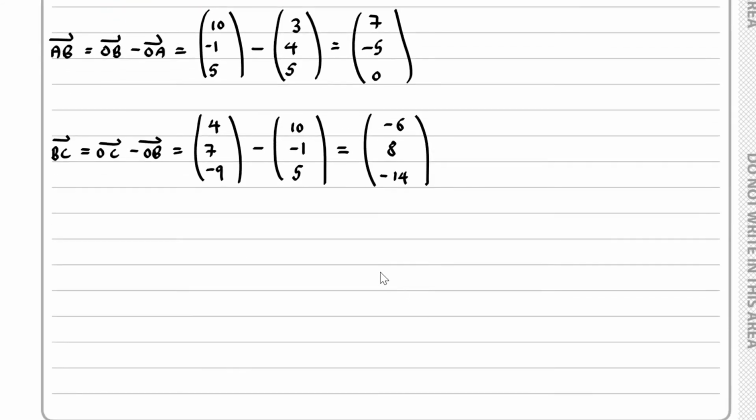Okay, so we can now state the equation of line L1, which is AB. The line L1 is r equals (3, 4, 5) plus lambda lots of (7, -5, 0).